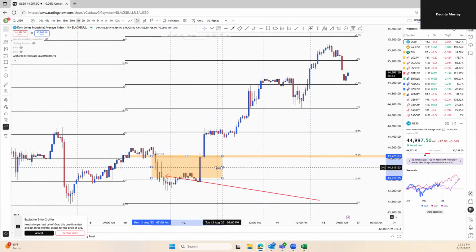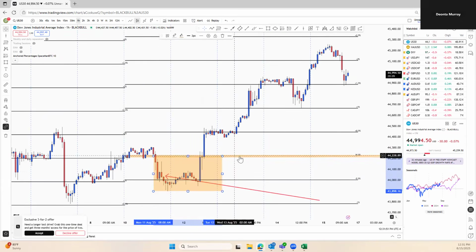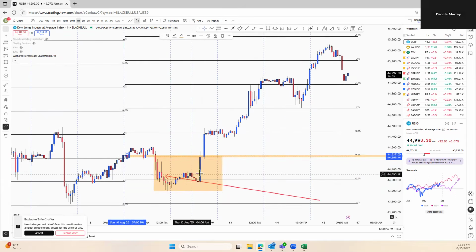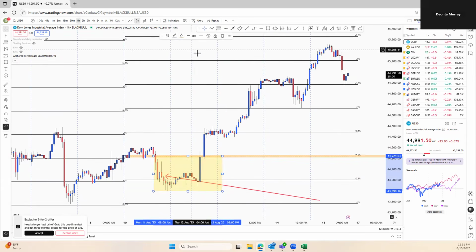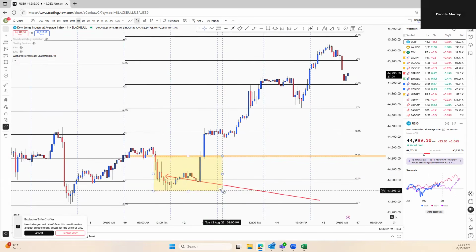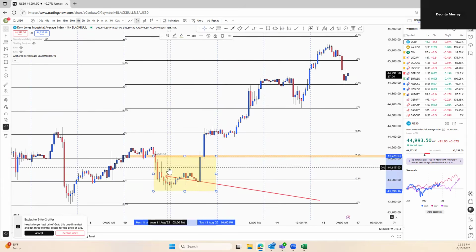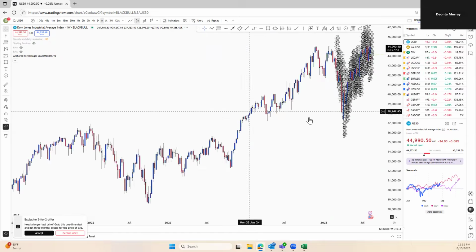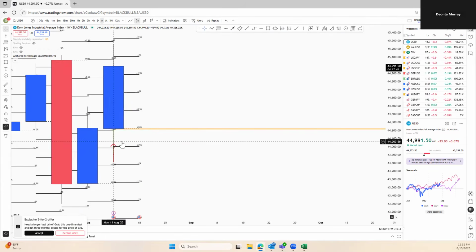I'm going to show you that everything under the opening is this orange horizontal shape box. Hold on, sorry. So all of this right here is nothing but a wick on a weekly candle, right?